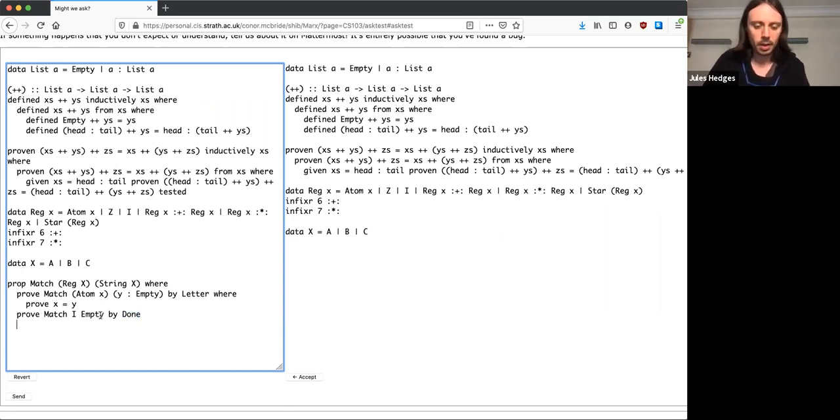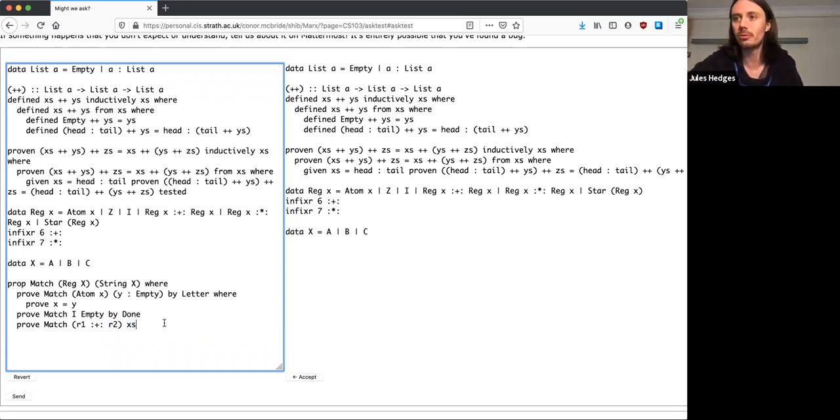Okay. Now the next thing that a regular expression can be is plus of two regular expressions. So when can I prove that R1 plus R2 matches a string? Well, I can prove it when R1 matches X's, and I can also prove it when R2 matches X's.